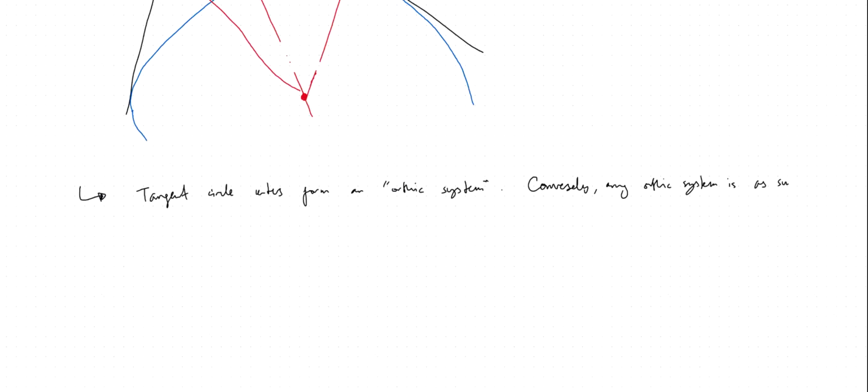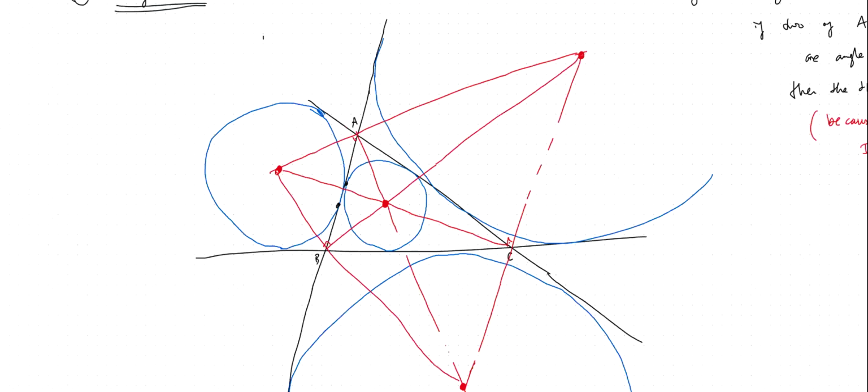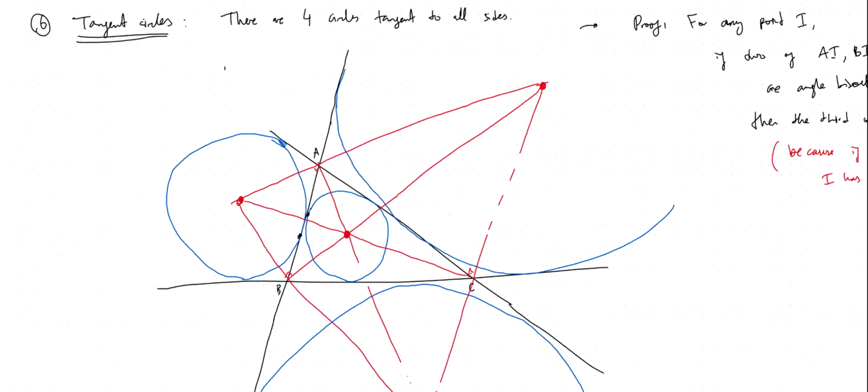You can think of this as another interesting way to find an orthic system from a triangle. So far we have been discussing a triangle together with its orthocenter, these 4 points forming an orthic system. In this one, it is different. We formed the orthic system like this, not from the vertices of the triangle, but from these 4 points.